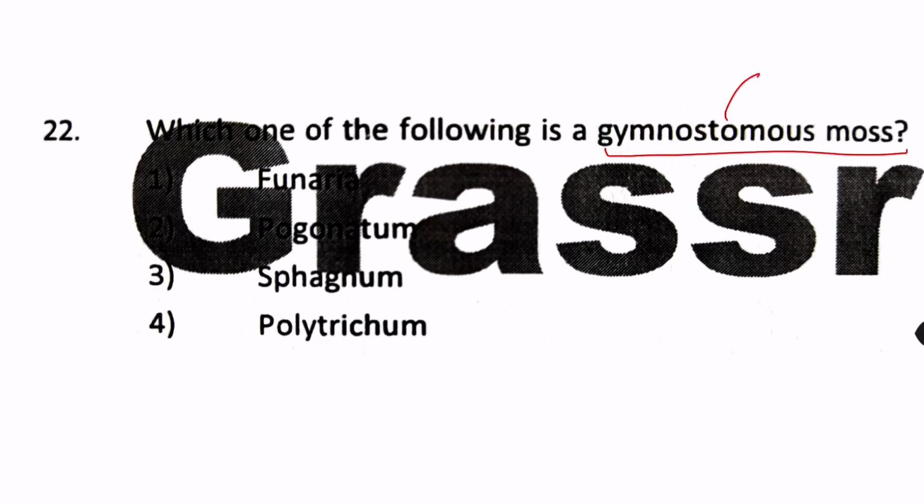It means there is absence of peristome. Gymnostomous means without peristome teeth, which the bryophytes have on the capsule. The answer is Polytrichum. They do not have the peristome teeth-like structures, so they are called the gymnostomous moss.